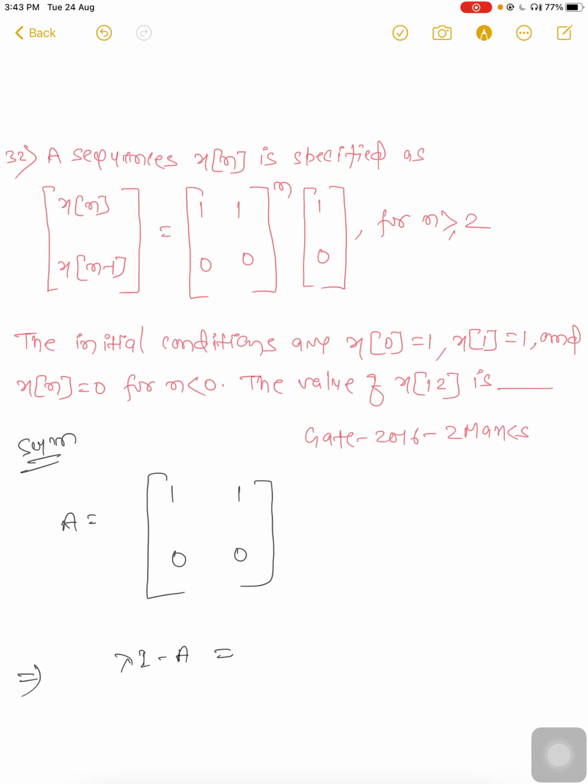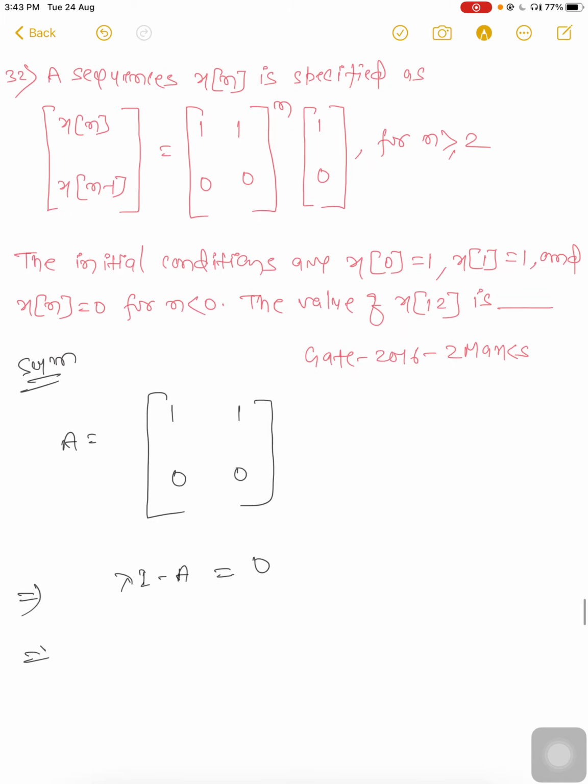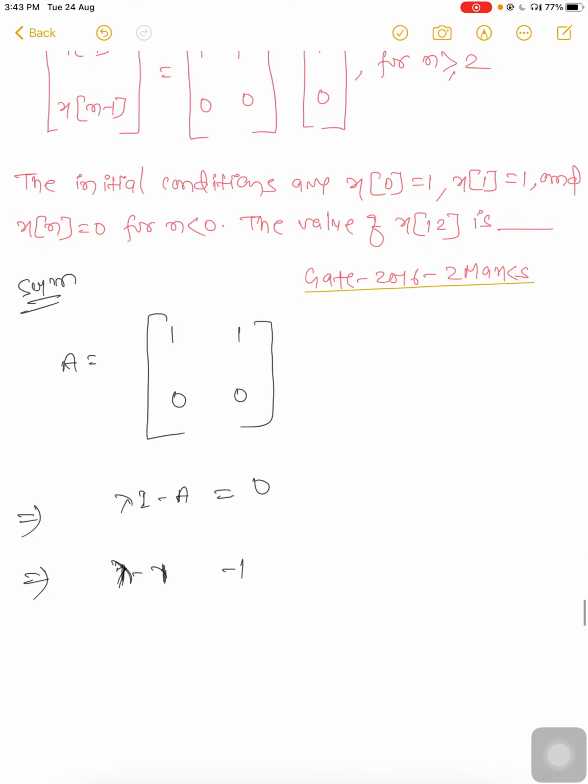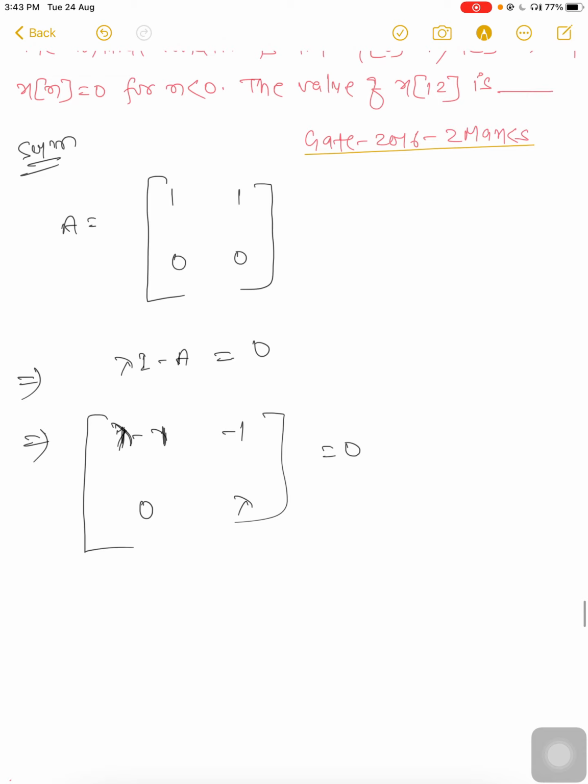The characteristic equation will be lambda I minus A is equal to 0, and from here you will get lambda minus 1, minus 1, and here 0, and lambda.